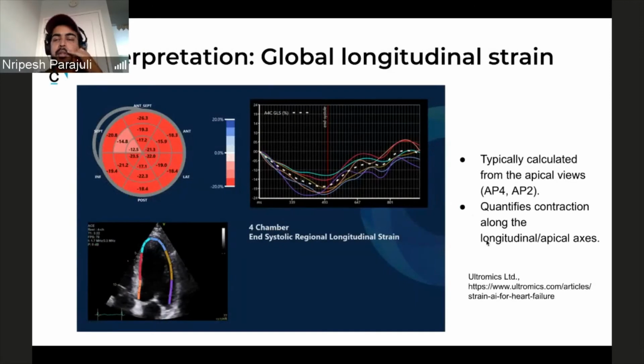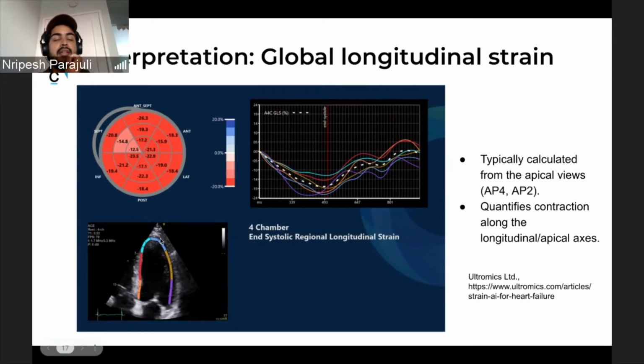Another really important measure of the heart, which I talked about a little at the very beginning, is strain, a measure of like the valve function. This is crucial because you can have situations where the LV is still efficiently pumping the blood on aggregate, but certain parts of the LV could be beginning to develop issues.